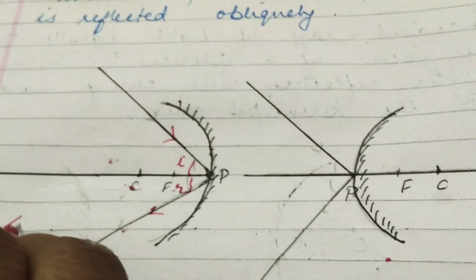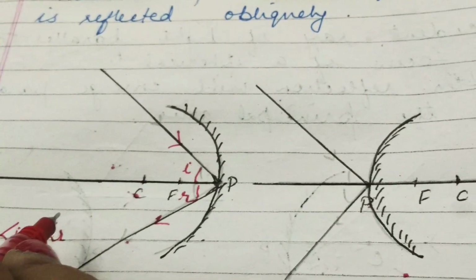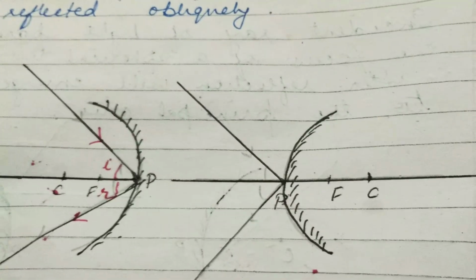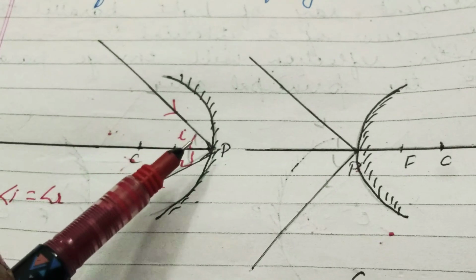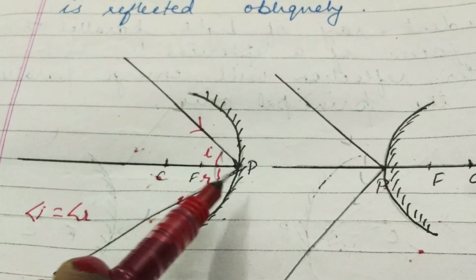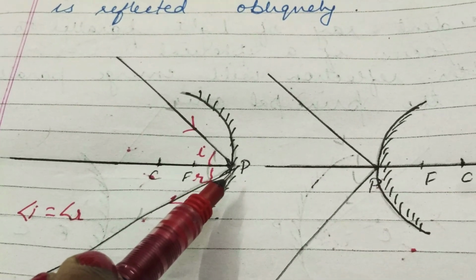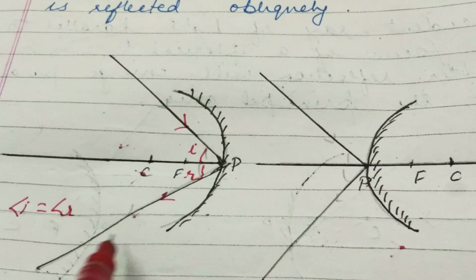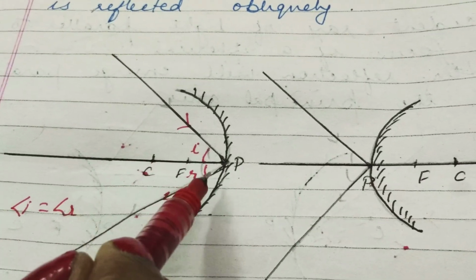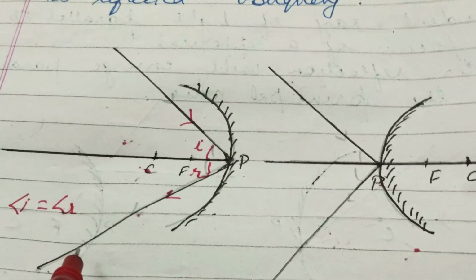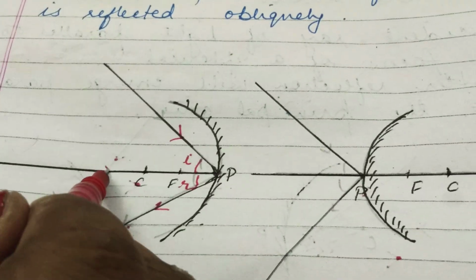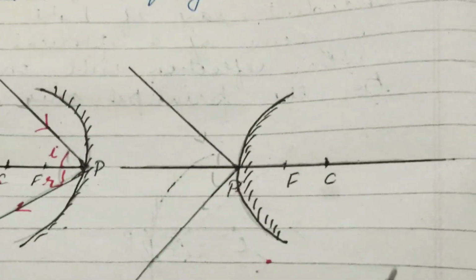So in this case, angle I will be equal to angle R. So an incident ray of light traveling obliquely to the principal axis towards a point P, that is the pole of the mirror, is reflected obliquely, which means it is reflected back at the same angle. Same is the case with the convex mirror also.